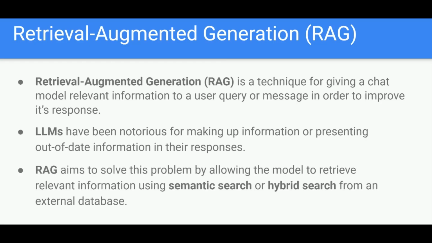And so how does it retrieve those results? Well, this should be pretty intuitive to you at this point. It's going to take as input your message, and maybe some other processing may be done on that message to break it down into subqueries or something like that. But a very simple RAG pipeline is going to take as input your message or your query. It's then going to embed that and do a semantic search, or potentially a hybrid search, over your vector database, and then return relevant results.